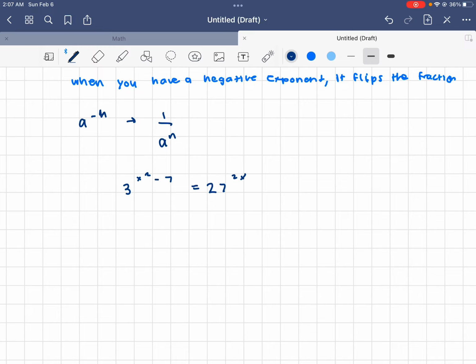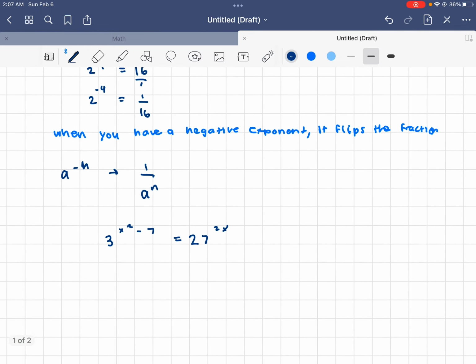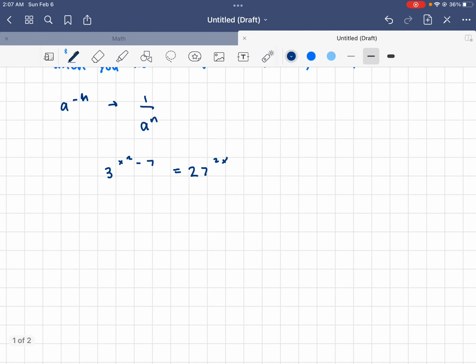So this stuff that we just did is very good practice with exponents so that we can solve for x in this case. X is an exponent, so in order to solve it, it'll be easiest if we could have them not be exponents. So in order to do that, we need to find a way to cancel out our bases, which is 3 and 27. So what I'm going to do is I need to find a way to make 27 into the base of 3. So here we have 3 already.